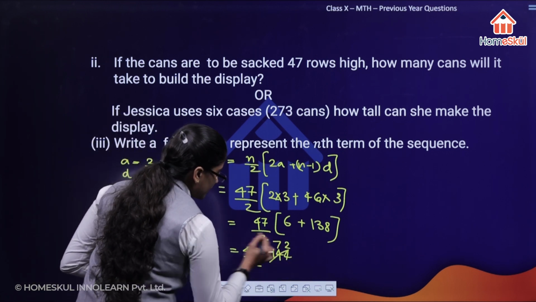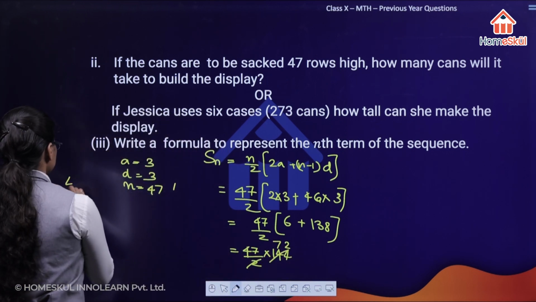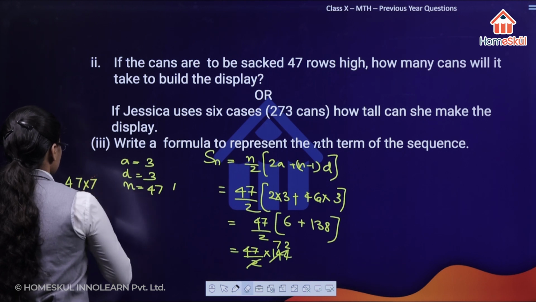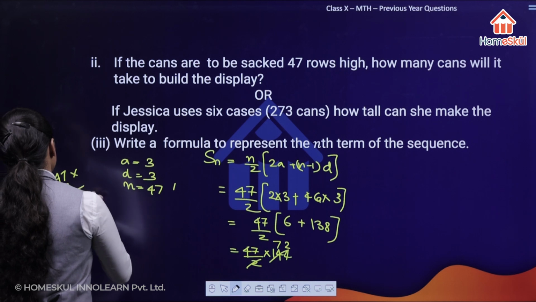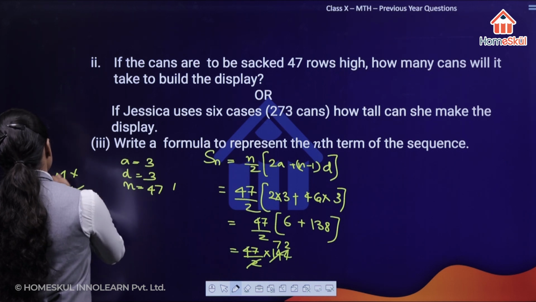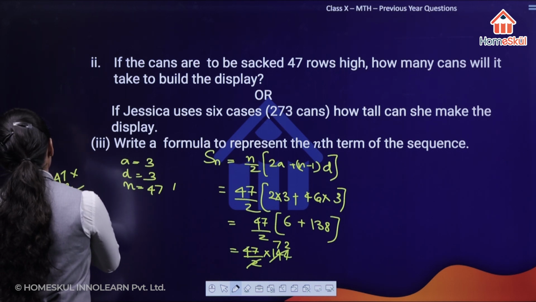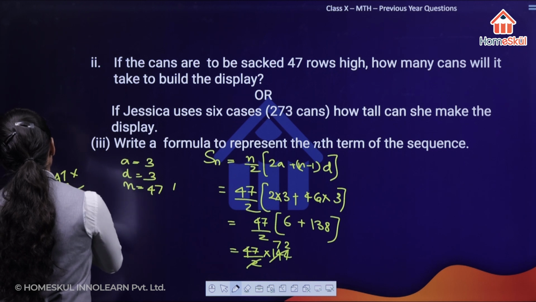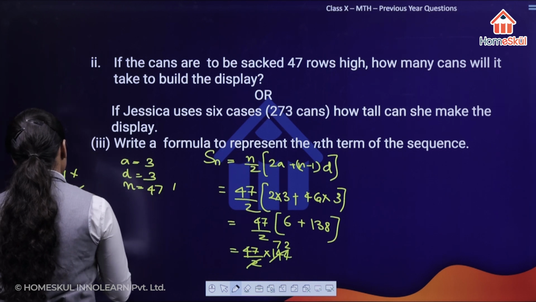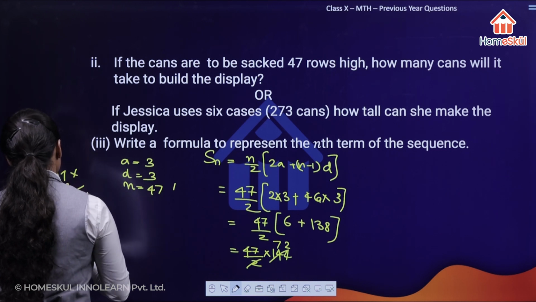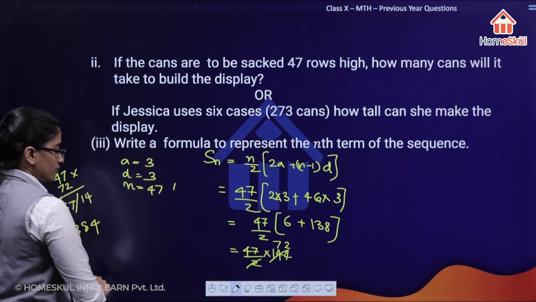What is 47 by 2 into 144? We could cancel it, right? So 47 into 72. 47 times 72 is 3384, isn't it?